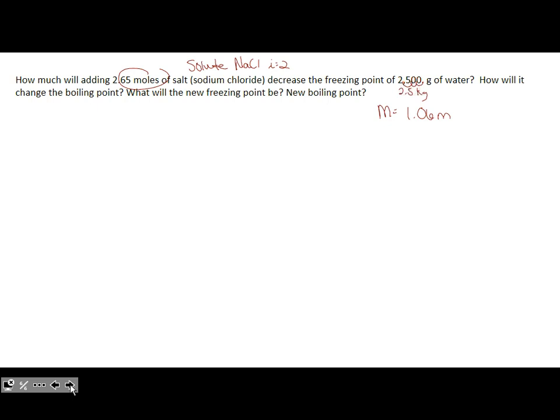However, because our solute dissociates, we're going to have to double that when we put that into our change in temperature equation. So change in temperature is equal to the constant times the molality times the Van't Hoff factor, because our solute is ionic, and ionic solutes dissociate.